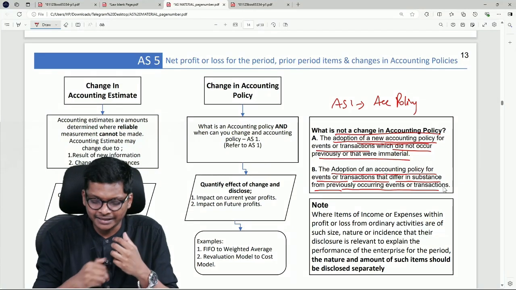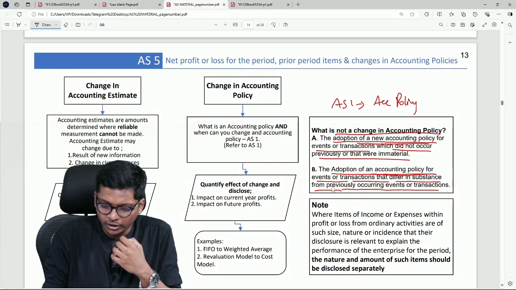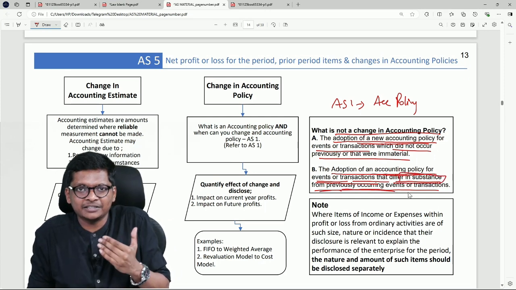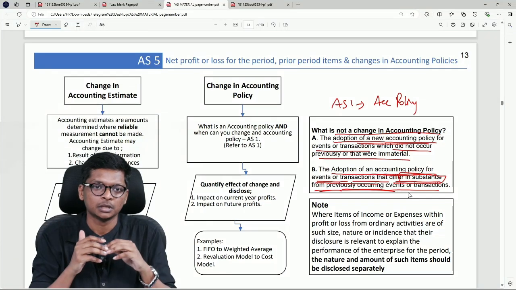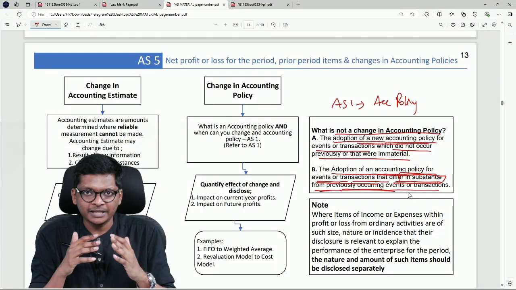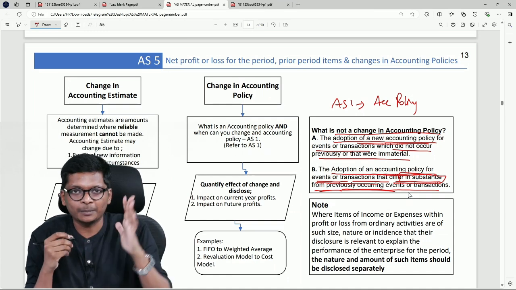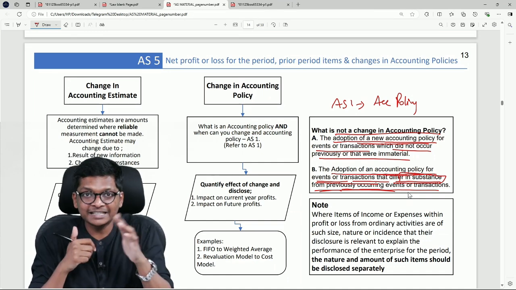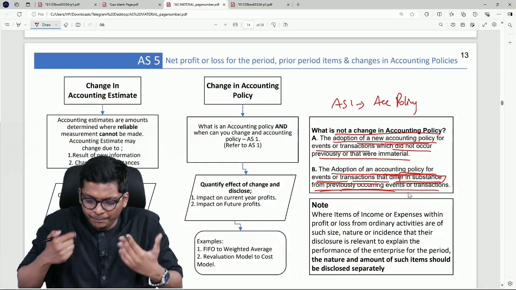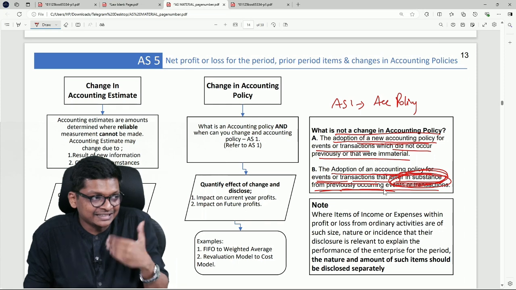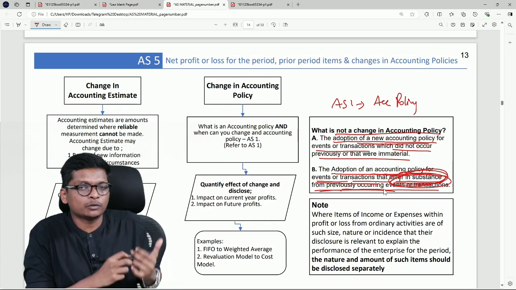But now what they are saying, adoption of an accounting policy for events or transactions that differ in substance from previously occurring events or transactions. Now I am saying no attendance. If you are part of my company, you will get full payment even if you took 1 month leave. But for that you should get leave. So I am removing the tracking of attendance itself, completely changing, differs in substance itself than what it was before.